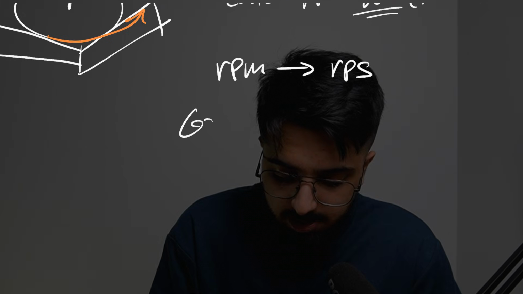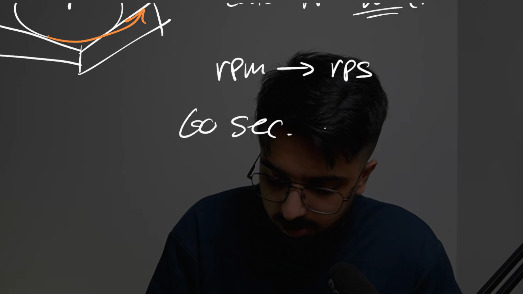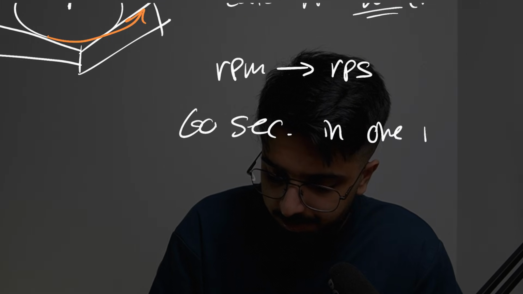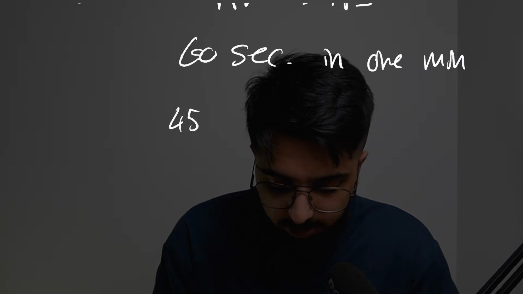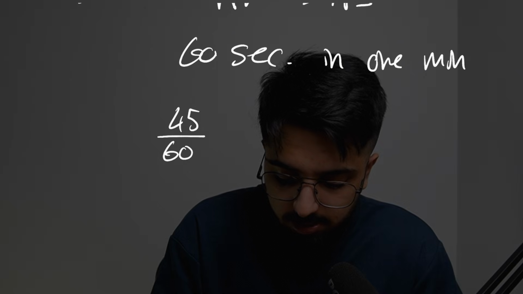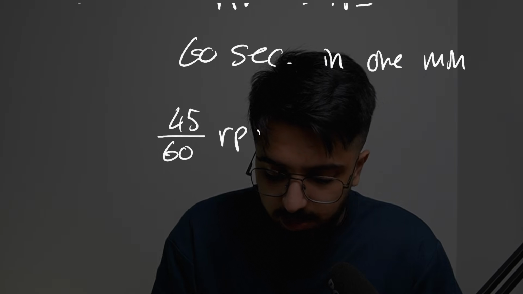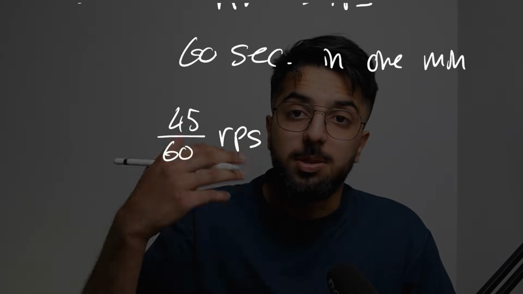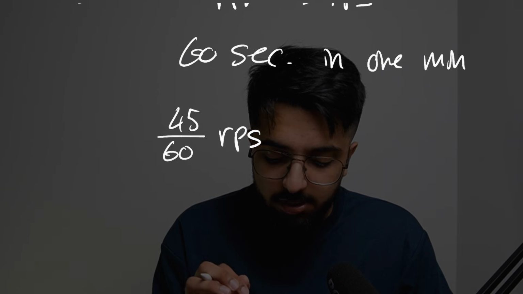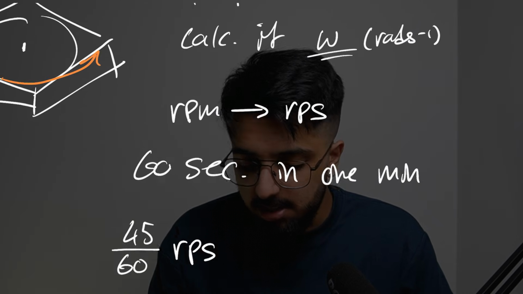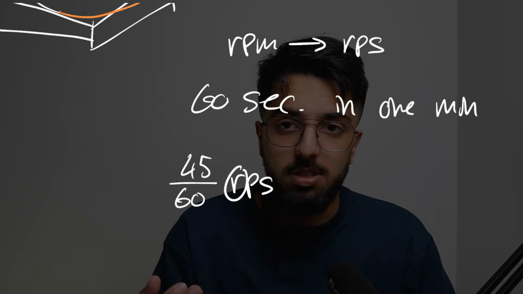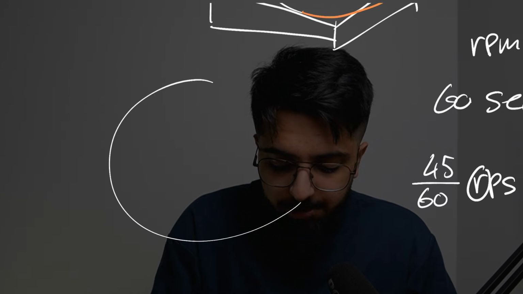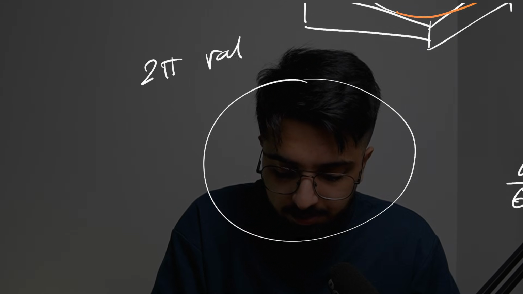Because we know there are 60 seconds in 1 minute, if we have 45 revolutions per minute, we can divide this value by 60 to get our revolutions per second. The other obvious difference is that radians per second is measured in radians, whereas this is in revolutions. We should know that in one full revolution of a circle, there are 2 pi radians.